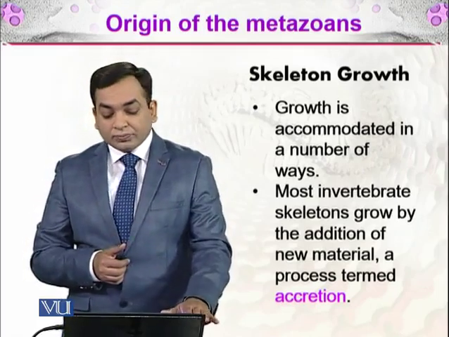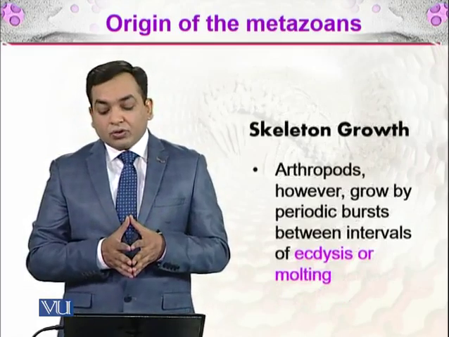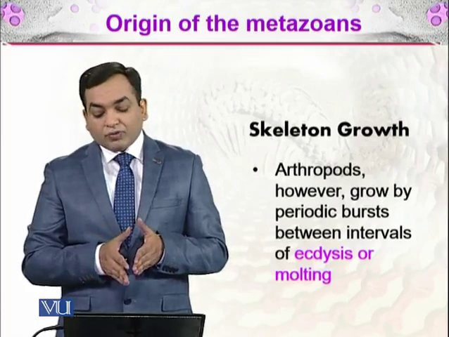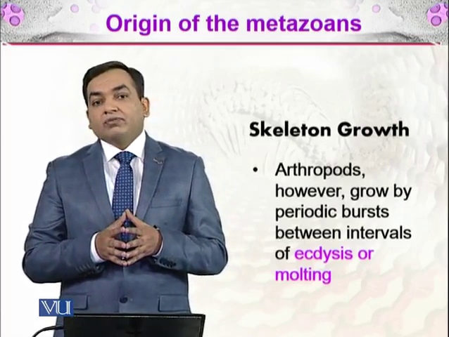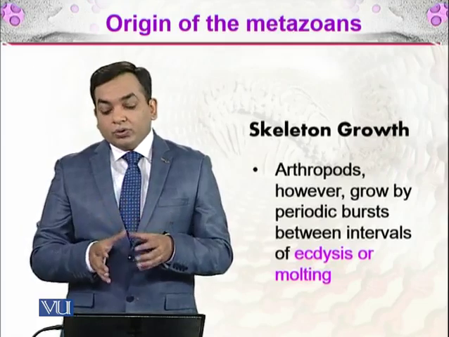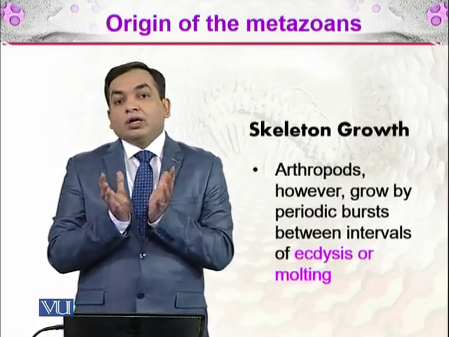That is called accretion. The other one, which is present in arthropods, is growth by periodic bursts between intervals of ecdysis or molting. Insects have an exoskeleton made up of chitin. That exoskeleton has a limited size.